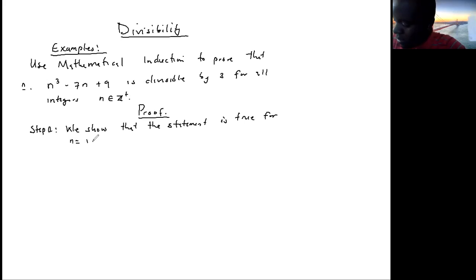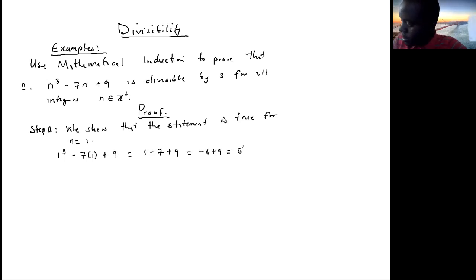So we just substitute. So what we have is 1 to the power 3 minus 7 multiplied by 1 plus 9. So this is 1 minus 7 plus 9, which is negative 6 plus 9, which is equal to positive 3.